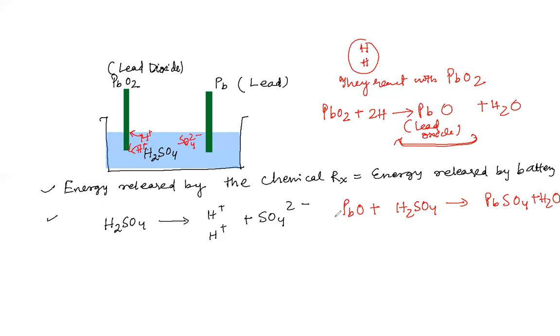Now what will happen with the story of SO4 2 minus? Let's understand what exactly is going to happen with SO4 2 minus. So I'm going to write it down on another page. At the same time, it donates electrons to the lead plate.